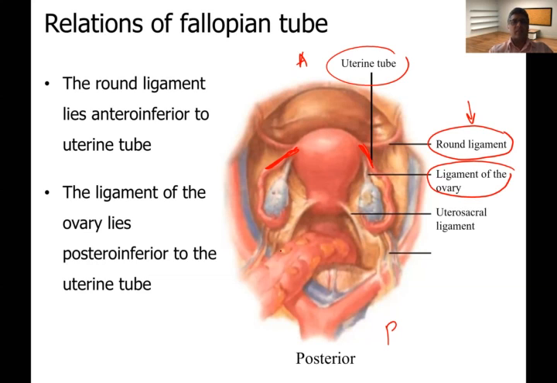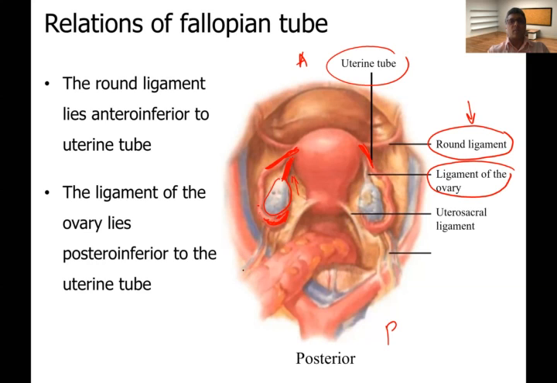Now that you can see very clearly here, I'll show you. Now you get the ovary here and the uterine tube here, related to the ovary here. And this, we said, is the ovarian ligament, or the ligament of the ovary. And there's another ligament here attached to the ovary. And this is the ligament that brings neurovascular structures and lymphatics to the ovary, not this one.